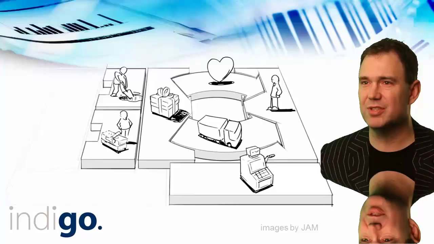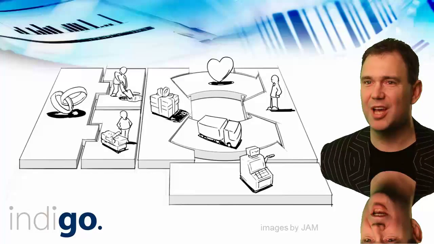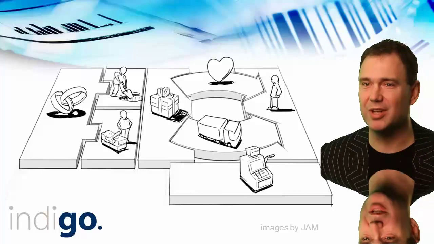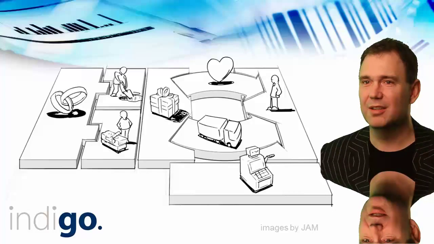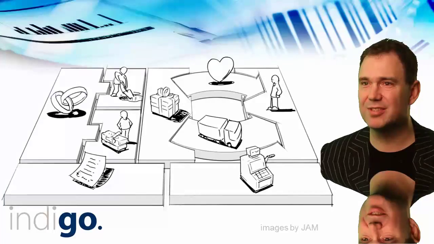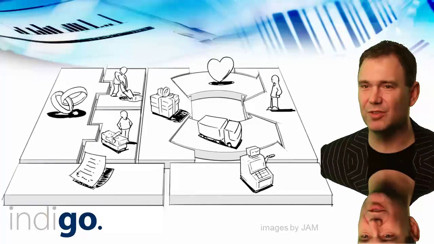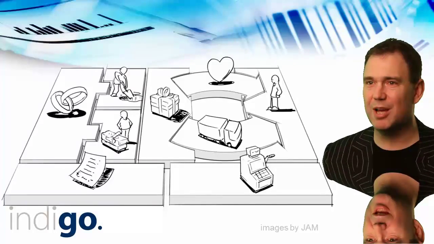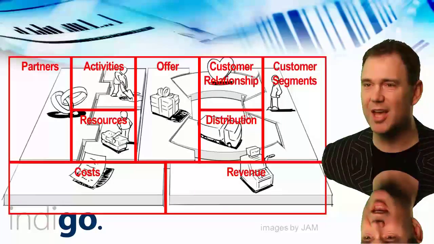And then there are those activities that we give to our valued partners because they can do them better than we can. And ninth and last, how do those resources and activities drive costs? So there you have a business model which becomes the business model canvas.